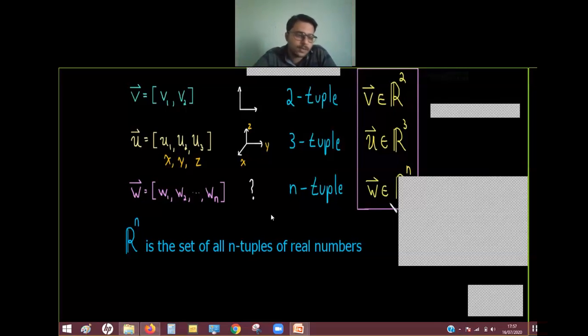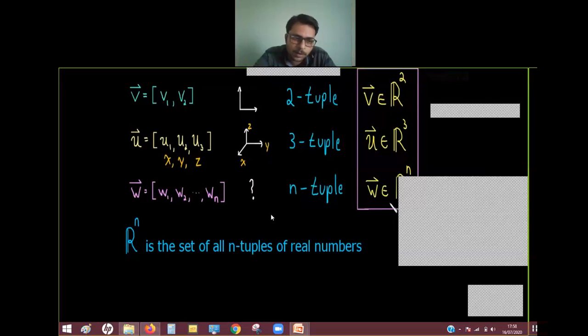Similarly, the case with vector W is also there. Since vector W has n elements, or n components, and Rn is the set of all n tuples, we can say that W belongs to Rn.